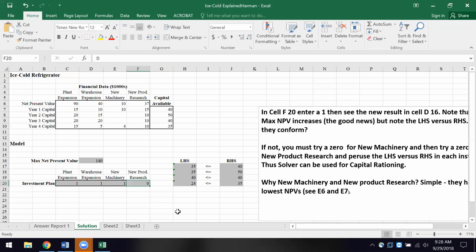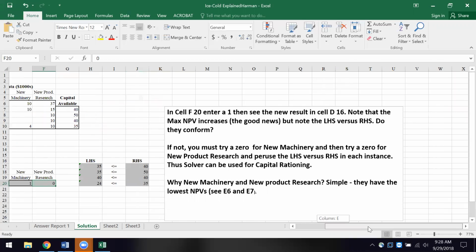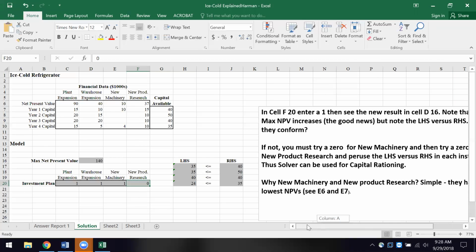Now, let's try a 0 for new machinery and 0 for new product research. So we're going to put a 0 in here. And notice that the NPV is going down.